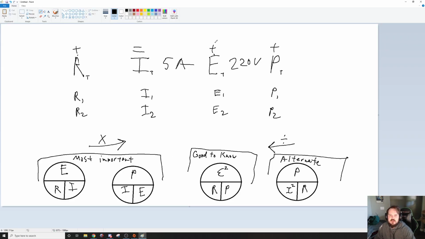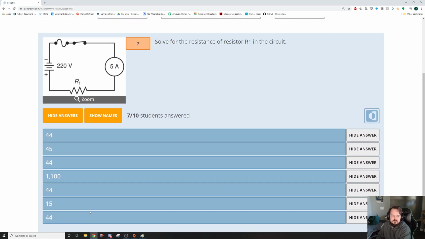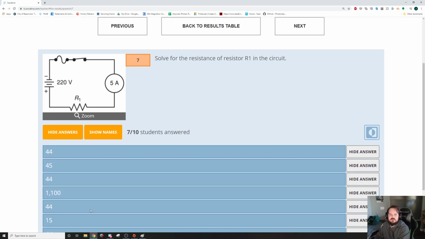What you'll do is 220 divided by 5 gives you, I want to say it's 40, but it looks like it's 44. So good job, 44.